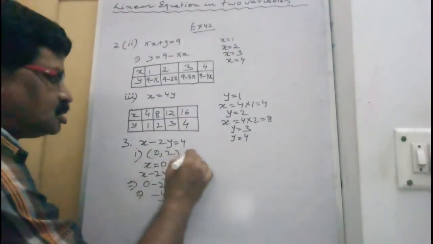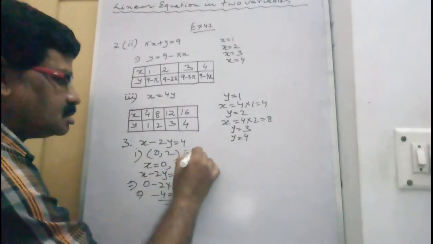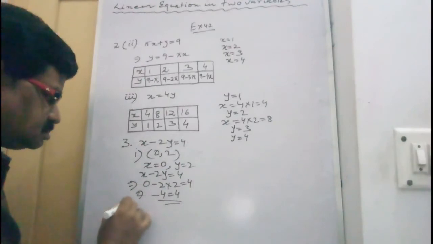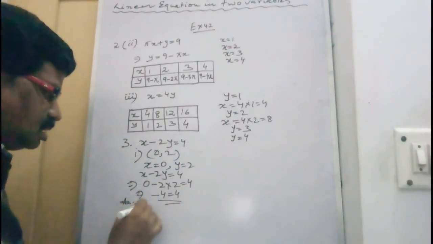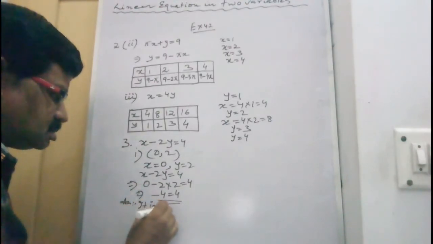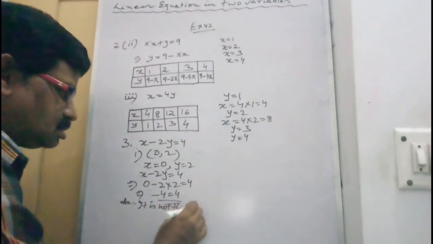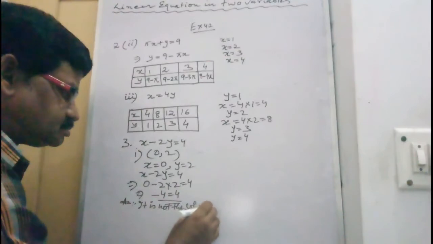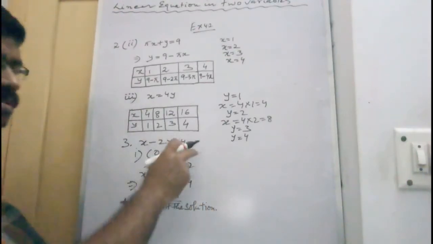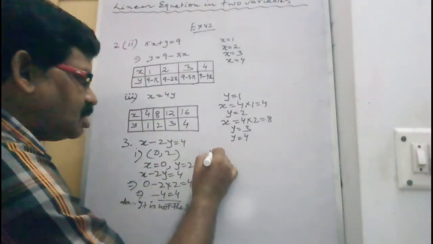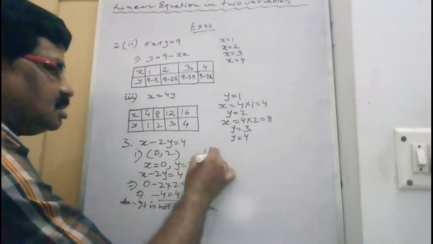So (0, 2) is not the solution of that linear equation.